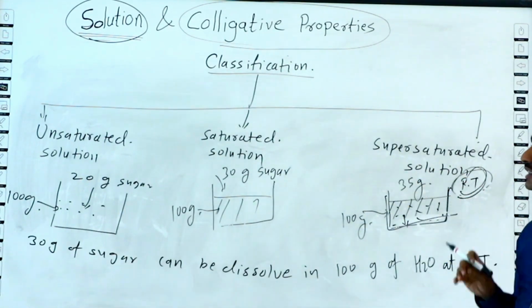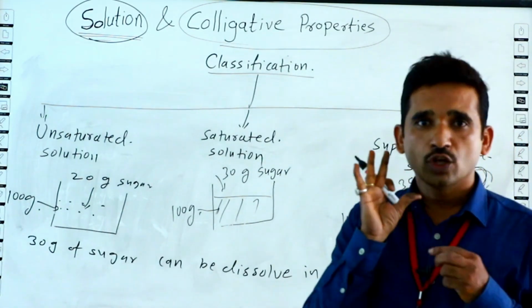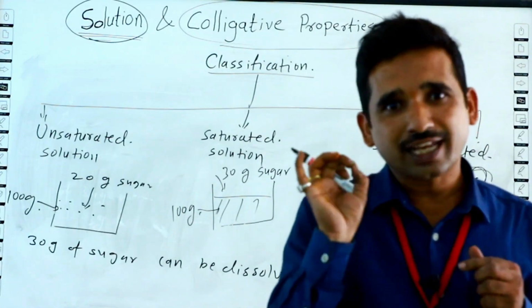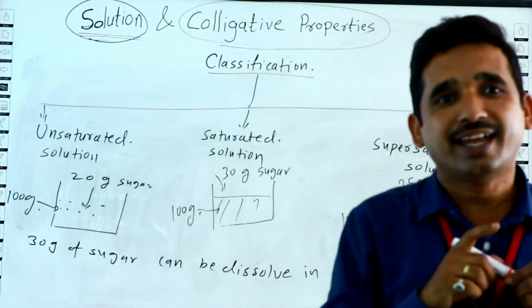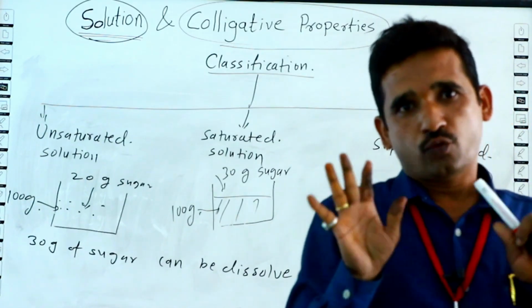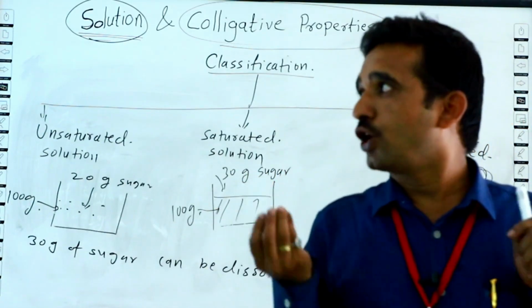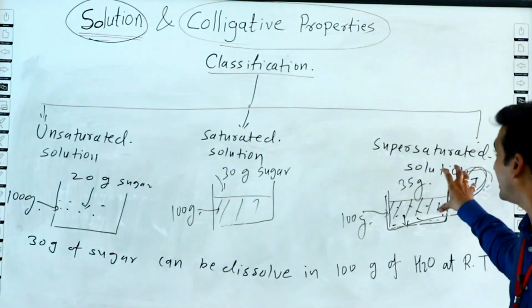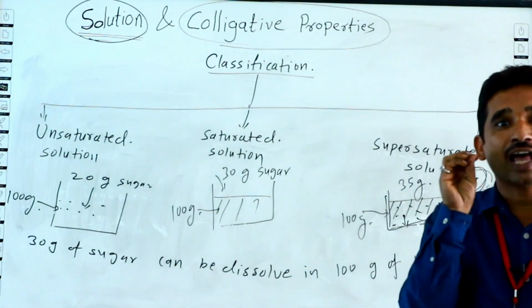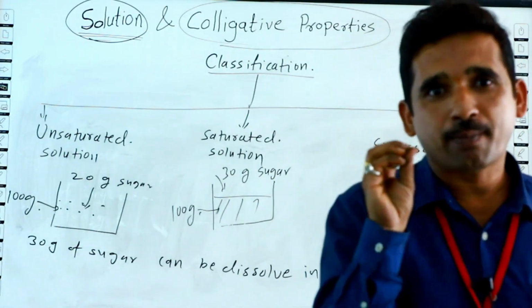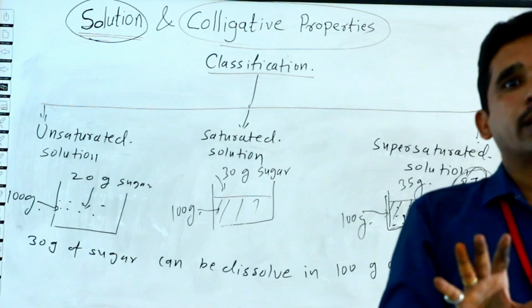So here are these 3 types of solution: unsaturated, जिसमें हम और ज़्यादा ऐड कर सकते हैं, saturated, full quantity, और उसके बाद third one is supersaturated solution. For this case, no extra solute can be added by increasing the temperature.